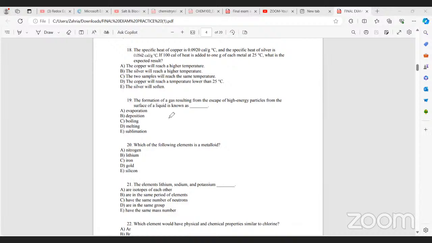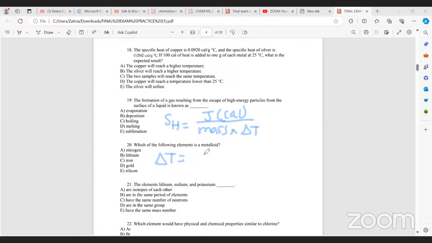Let me give you all the formula once more. Specific heat, if we know that this was the formula right here, and they gave us a specific heat, they gave us the joules, which is calories also, and they gave us the mass. They did not tell you the total change in temperature, but what you could do is rearrange this formula to find your delta T, or at least a change in temperature.